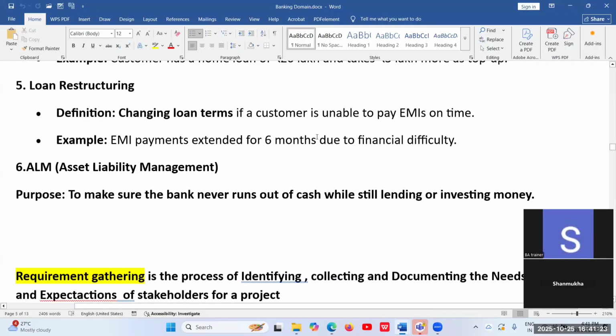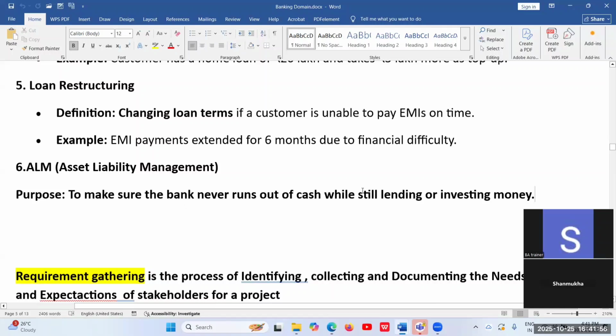And we have ALM. ALM means asset liability management, to make sure that the bank never runs out of cash while still lending or investing money. This is also an amount that they need to keep aside in order to mitigate the risk. The bank has to maintain a certain amount of money every time.